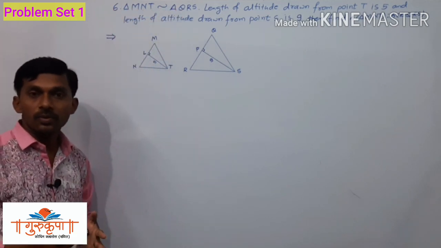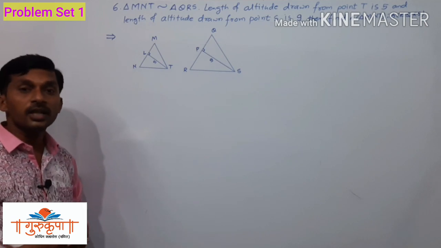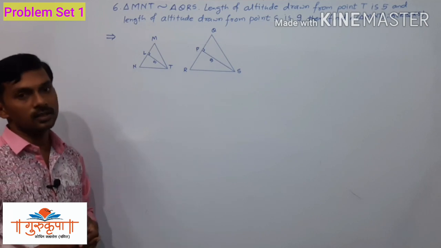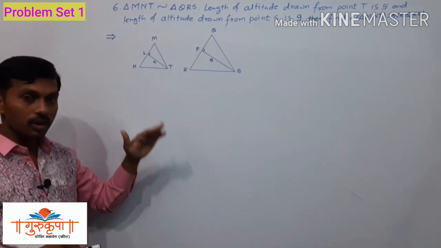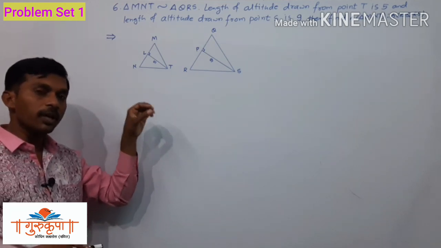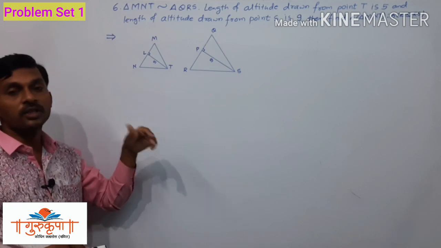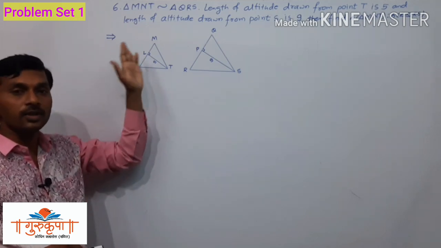We have to find the ratio of the areas of those two similar triangles. As all of you know, the ratio of the areas of two similar triangles is very important. In example 4 and example 5, we also found the areas of two triangles, but there the triangles were not similar to each other.